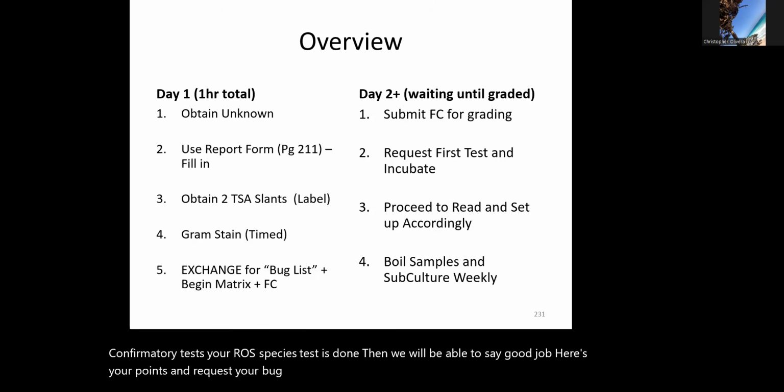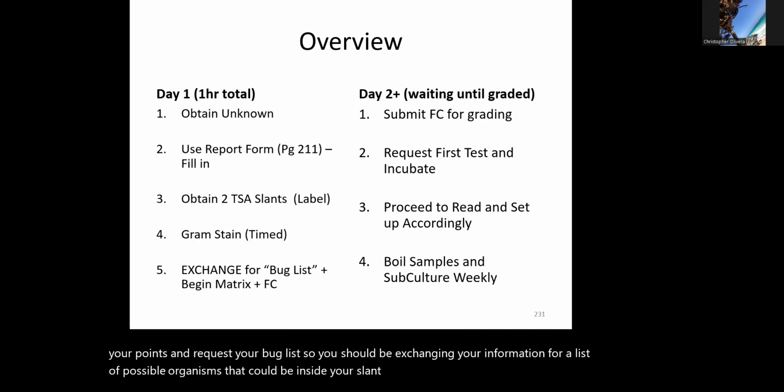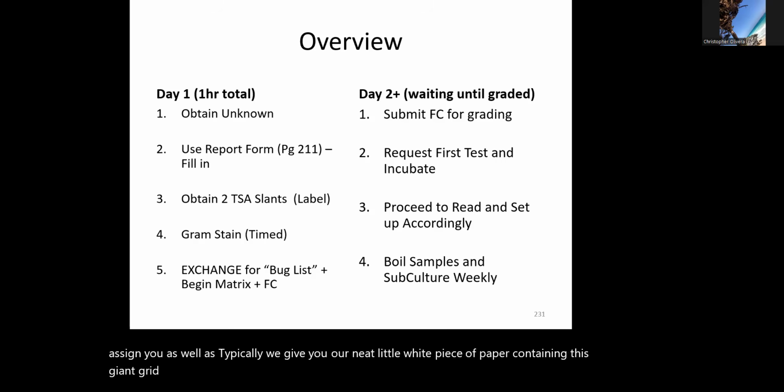So you should be exchanging your information for a list of possible organisms that could be inside your slant, based on the unknown that we assign you, as well as typically we give you our neat little white piece of paper containing this giant grid that we call the matrix, right? That's where you're going to be collecting your information.